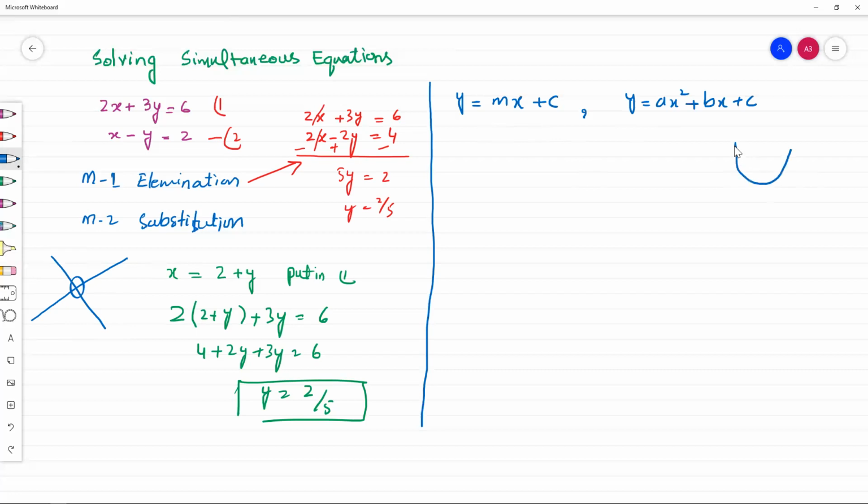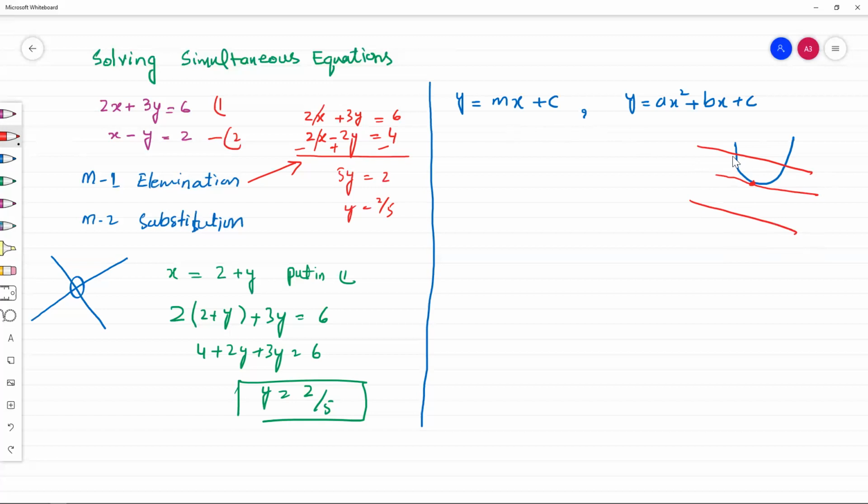The graph of a linear equation is a straight line. While the graph of a quadratic equation is a curve. So a linear equation is a straight line, and it may cut the graph at 2 points, at 1 point, or do not intersect. So these three cases are possible.